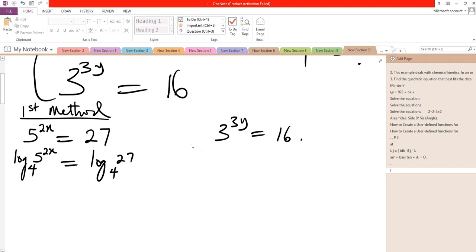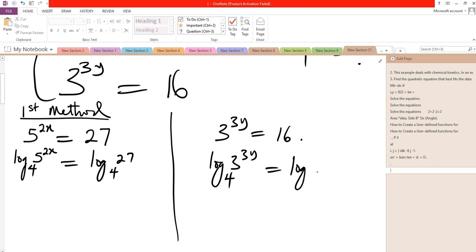The same with this: we take the logarithm of both sides to base 4, and it will now be log 3 raised to power 3y base 4 equal to log 16 base 4.